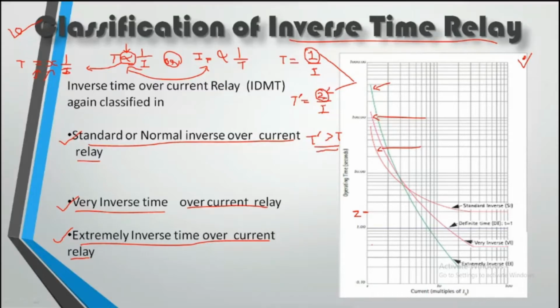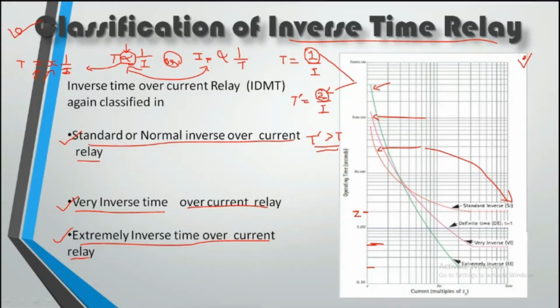Same way for the pink one, if we observe, it is getting flattened at this particular point, and the green one is getting flatter much lower than these two. Accordingly, the first graph, which is getting flatter much sooner, is called the standard inverse type of overcurrent relay graph.